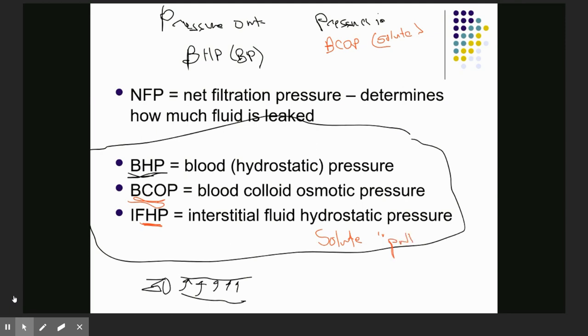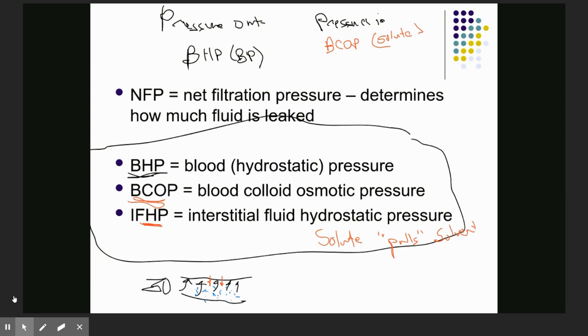And so what it's going to do is suck water back in this way, because there's solute in there, there's salts in there, and all those little salt particles suck water. Remember we said sodium sucks water? Well, there's a lot of sodium in here. Water follows sodium. So that's a pressure in.